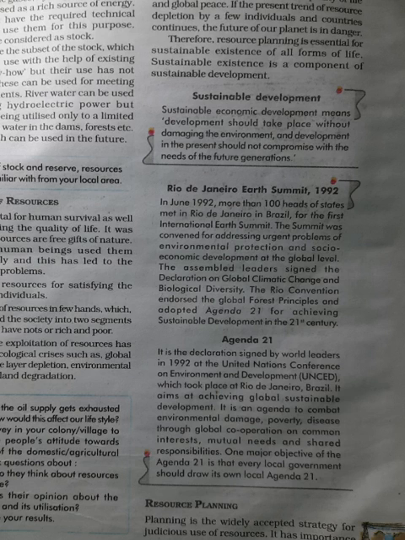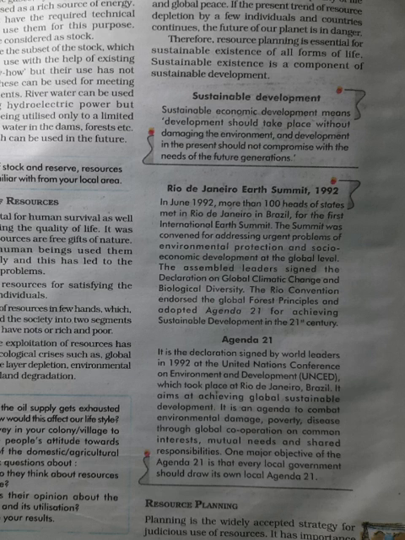Sustainable existence is a component of sustainable development. So it is very important to have a plan for using these resources, so that they may be available for future generations, and may also be used by other creatures apart from human beings, who have an equal right to these resources. So this is an important point. What is sustainable development?